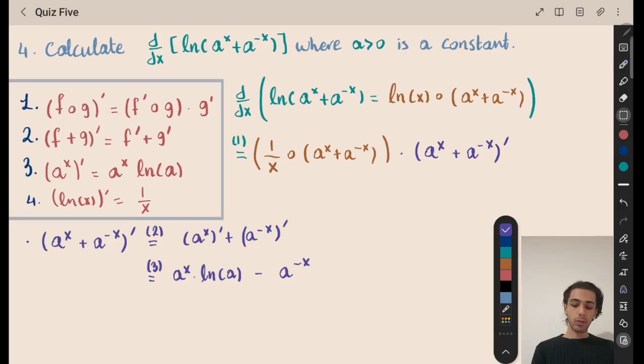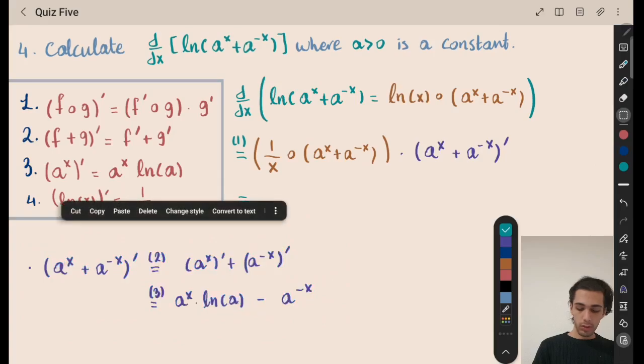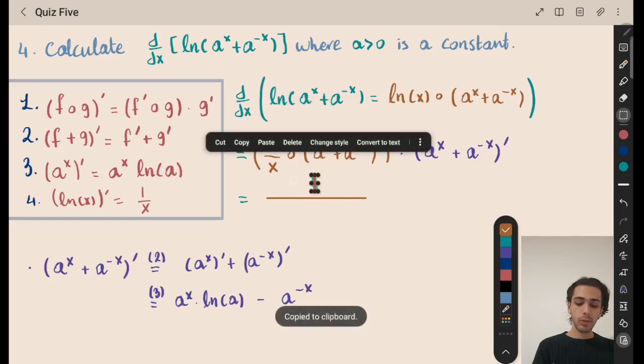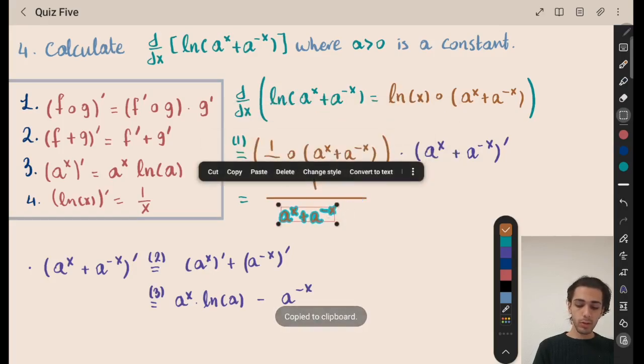And that's very good, because now it remains to compose this 1 over x with a to the x plus a to the minus x, which gives me 1 over a to the x plus a to the minus x. So composing just means that I remove x and I put in whatever I have for the other function. That's what it means.